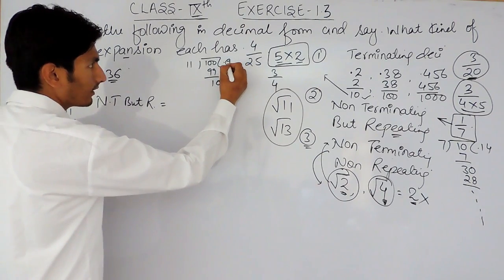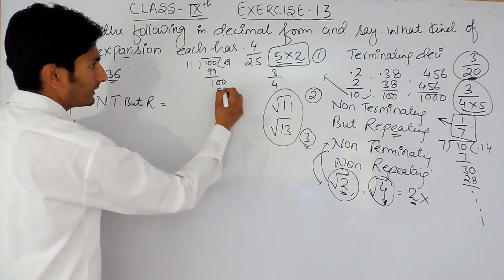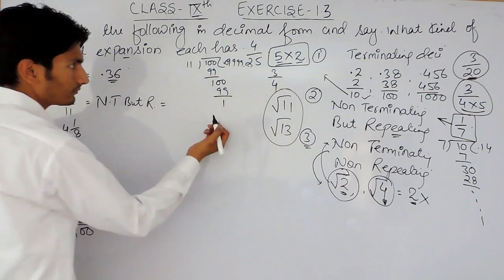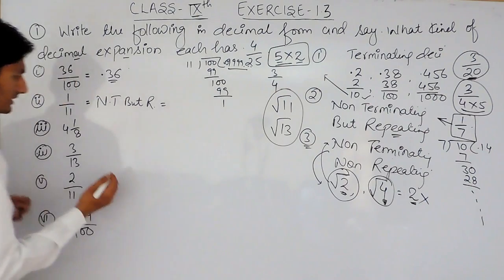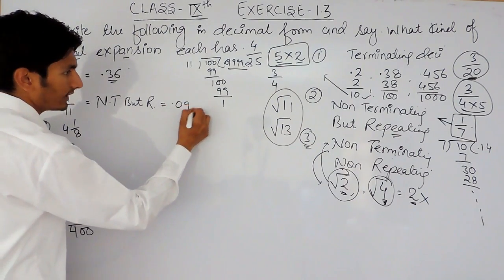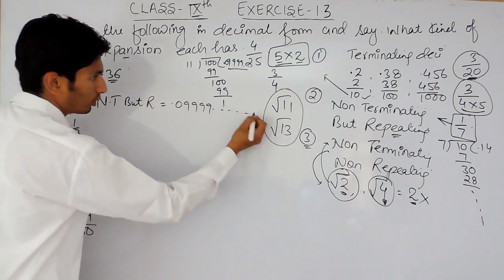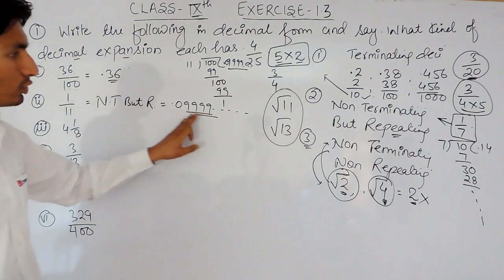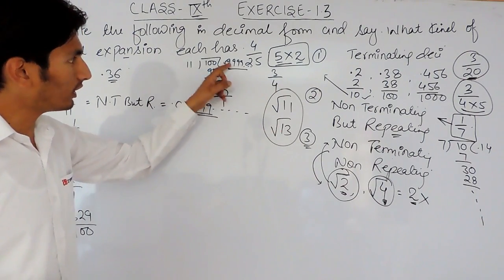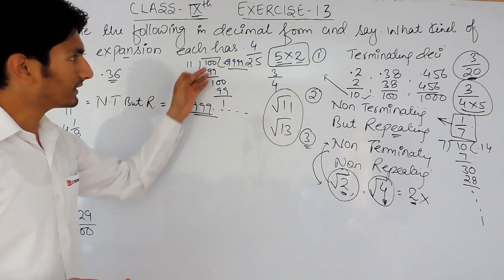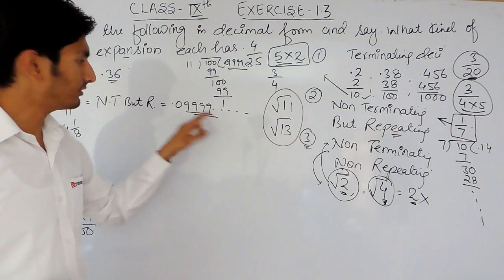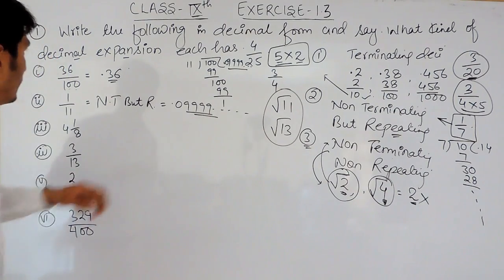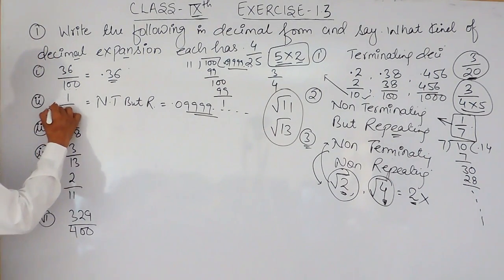So the expansion of this will be 0.0909 and so on. So this is the second kind of expansion where this is non-terminating, because it will not divide this number completely, but it will repeat itself. So it will be 0.0909 repeating, that will be the decimal expansion for this question.